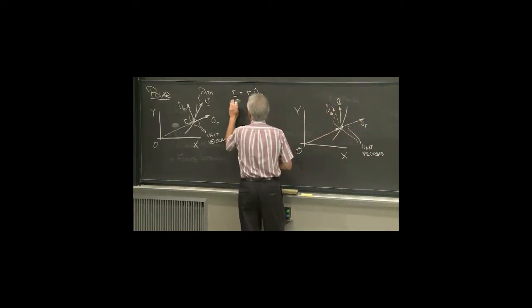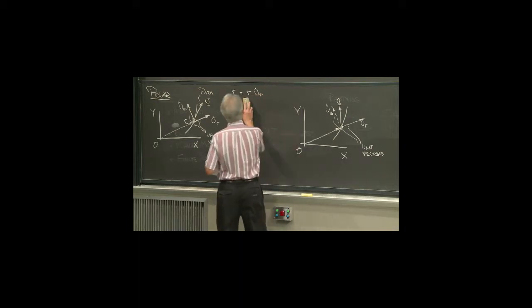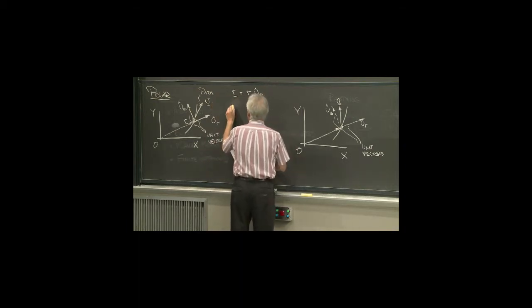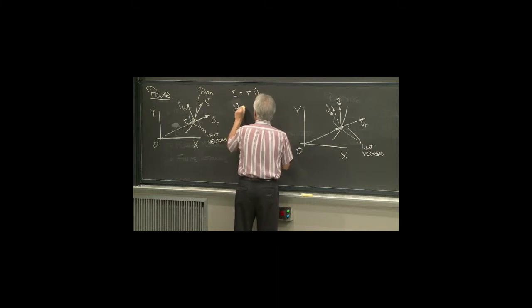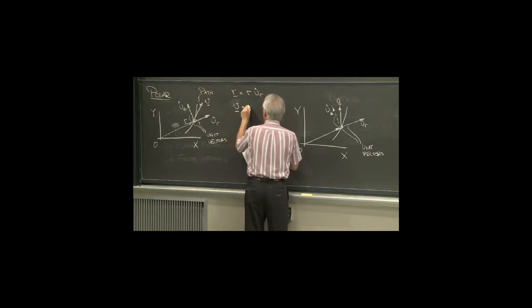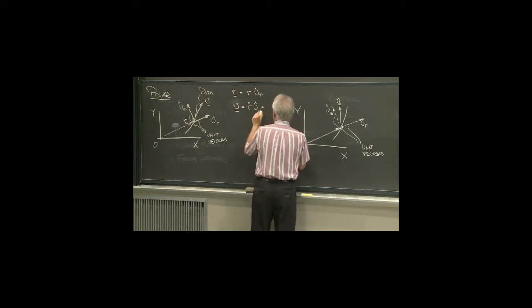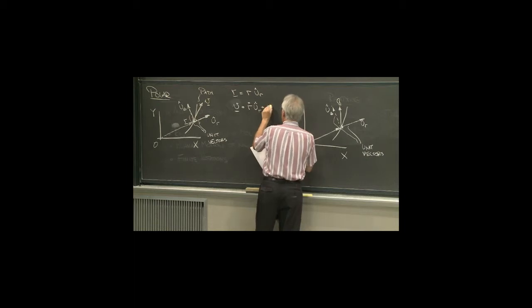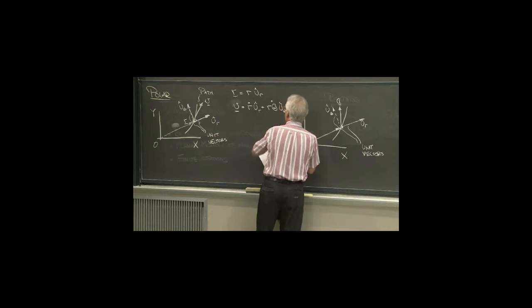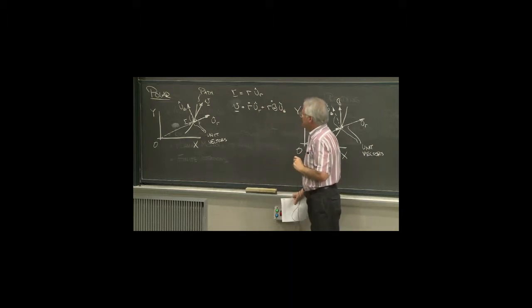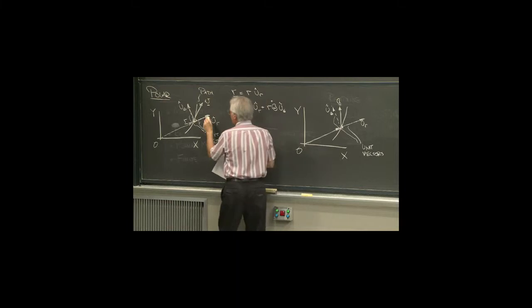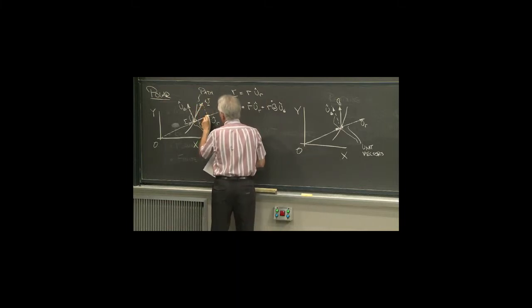The velocity becomes r dot u sub r, plus r theta dot u sub theta hat. Okay, now does everybody appreciate what we're doing here? Let me move this.